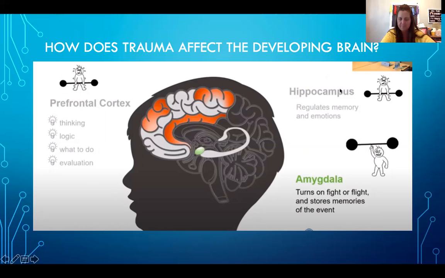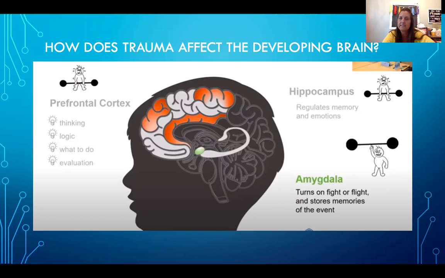Now, your hippocampus is also important. It regulates your memories, and it also regulates your emotions. Remember that your regulated emotions have a lot to do with your behavior, because your emotions affect your behavior. So the next part of the brain that we're going to talk about is the amygdala.